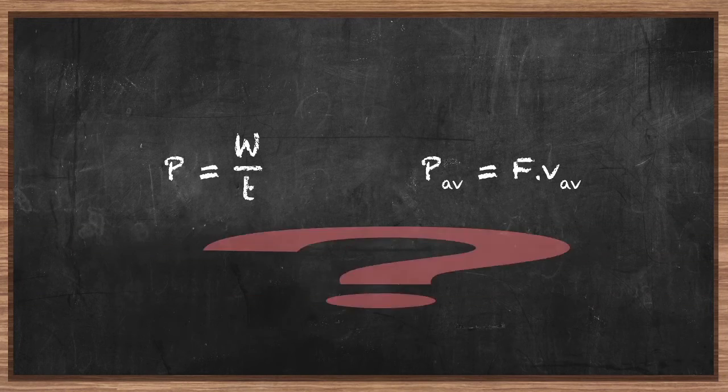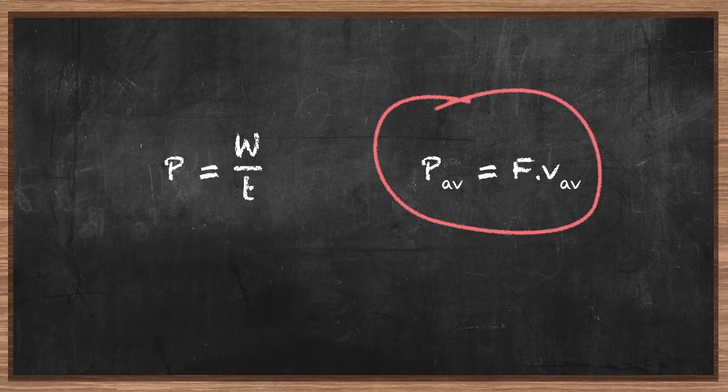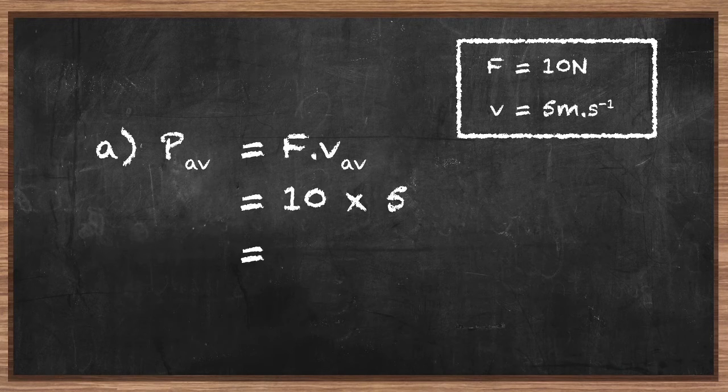Which one? Well, it'll have to be the second one because the box moves at constant velocity. Let's continue. Part A. P average equals force times V average. Substitute the values and we get an answer of 50 watts.